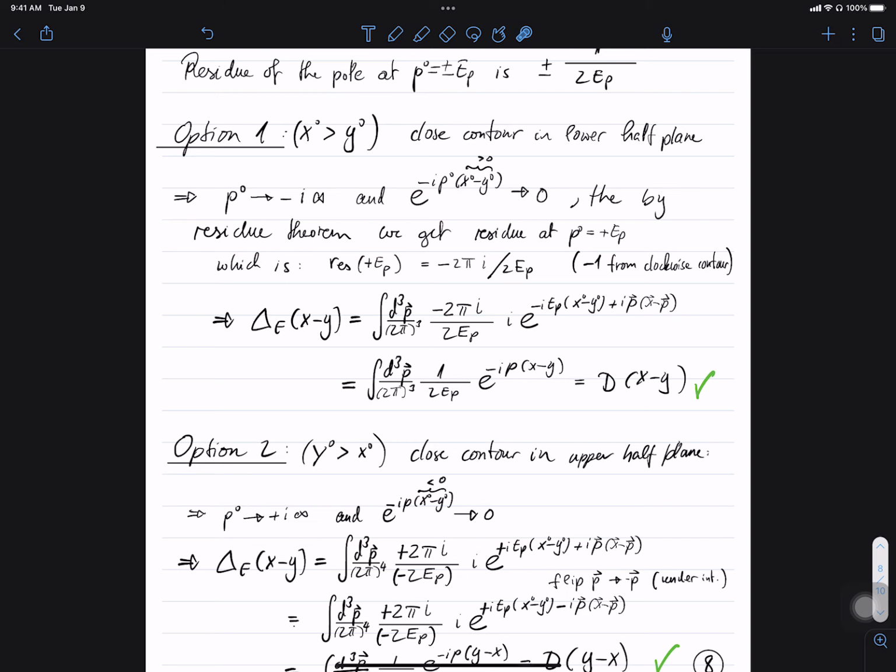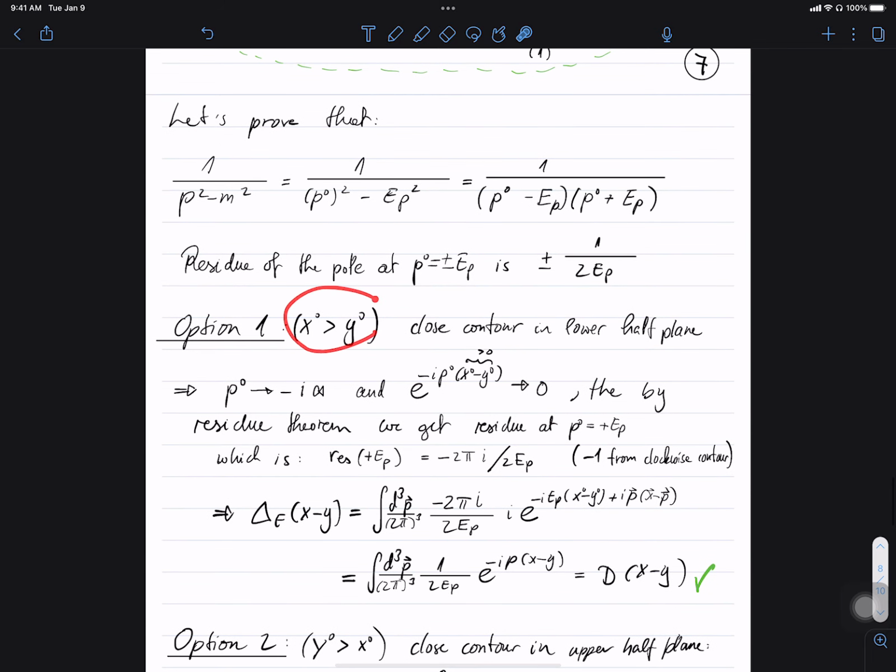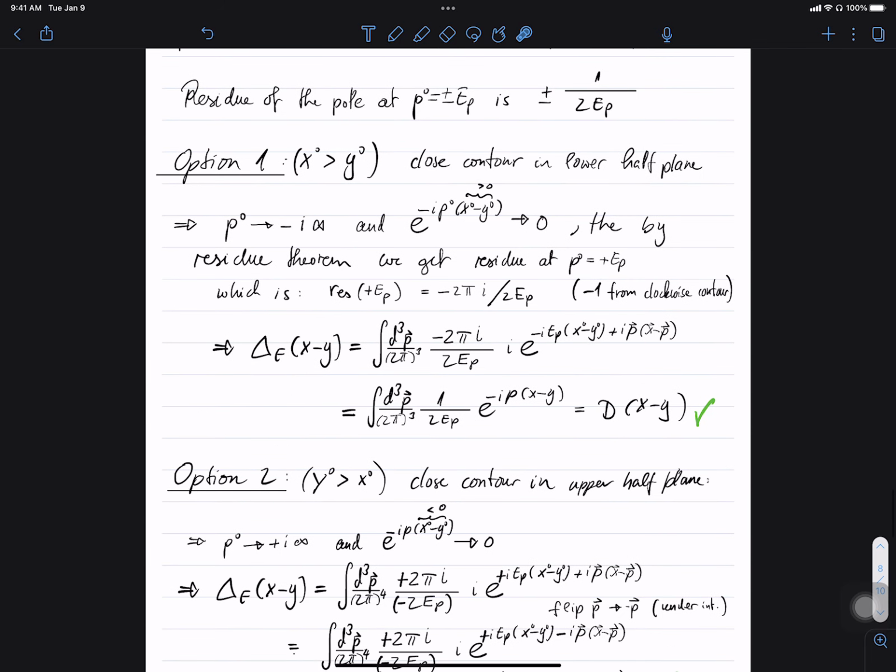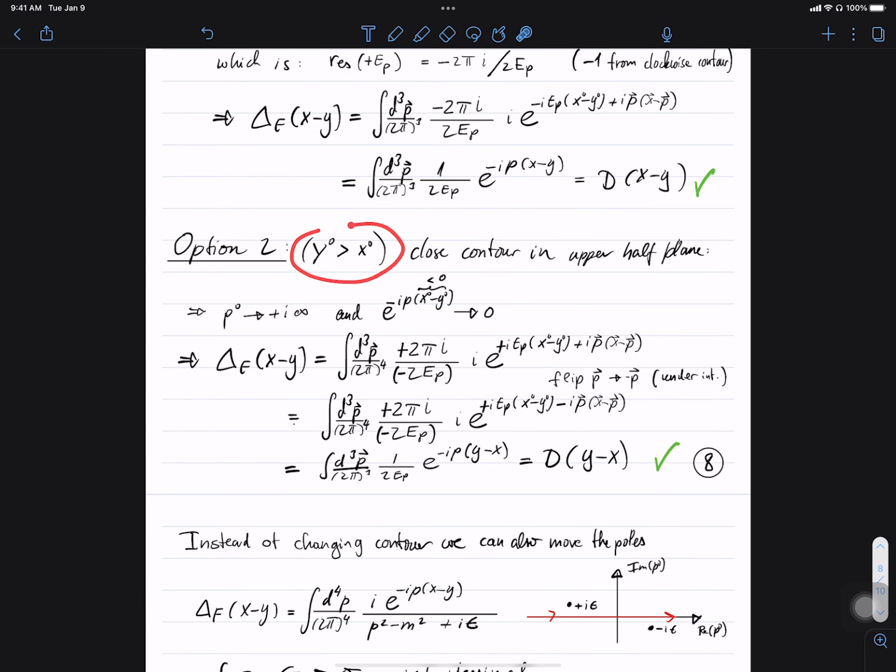If x naught is bigger than y naught, we recover the time-ordered propagator D(x minus y). In the other case, when y naught is bigger than x naught, we have to close the contour in the upper half plane, right? Sending p naught to positive i infinity.